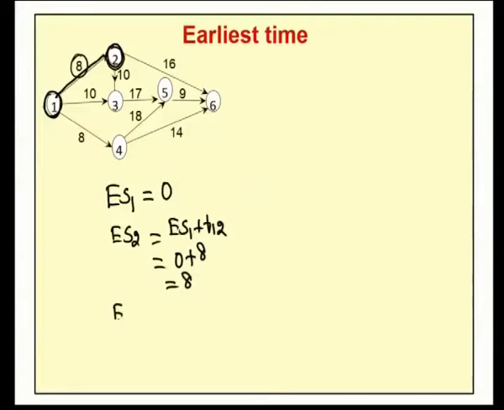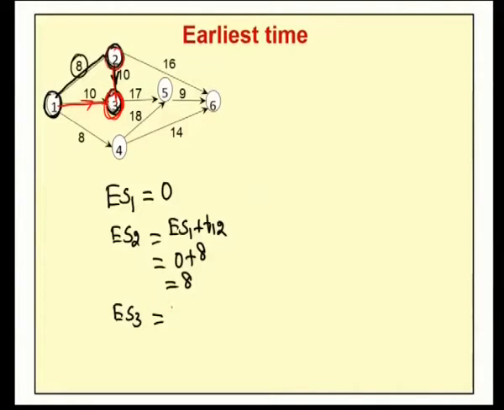Next we have to compute ES3. For this node 3, we have to compute the earliest starting time. If we consider node 3, there are two incoming activities: one is 2 to 3, another one is 1 to 3.